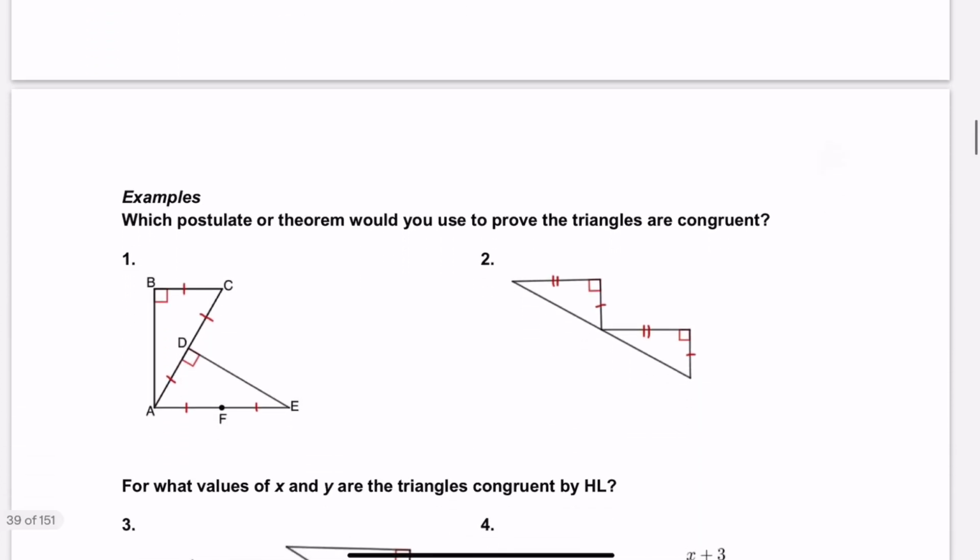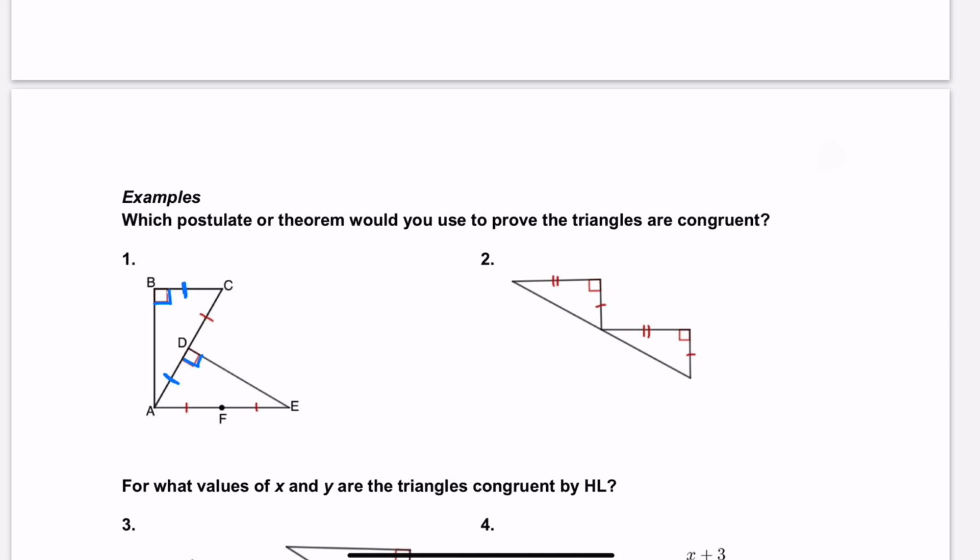So we are going to say which postulate or theorem we would use to prove the triangles are congruent. Now, in both cases, we have a hypotenuse and a right angle. So looking at number one, we have a right angle here. We have a leg here that is the same on both of those triangles.